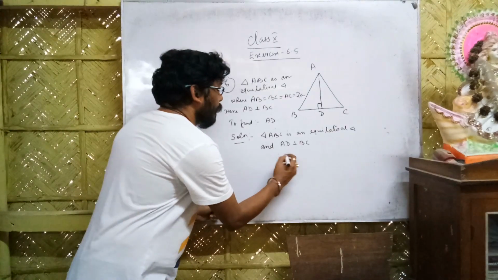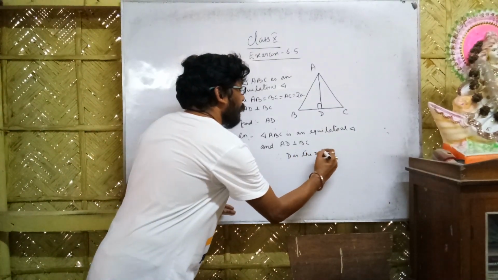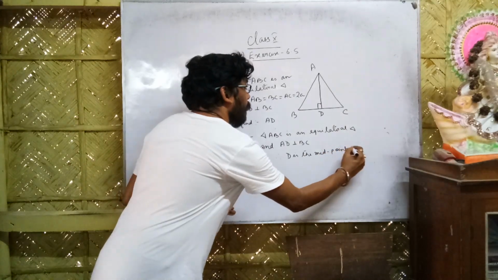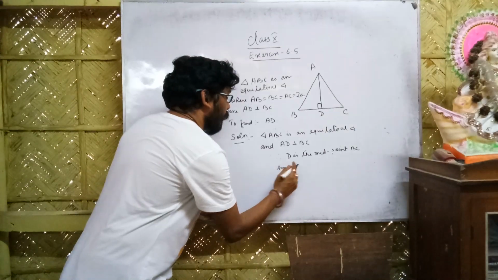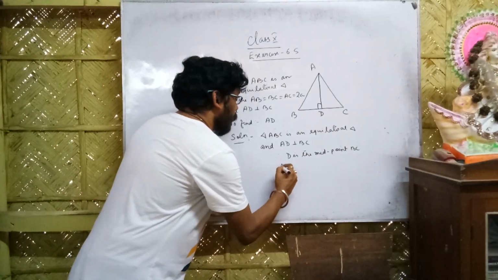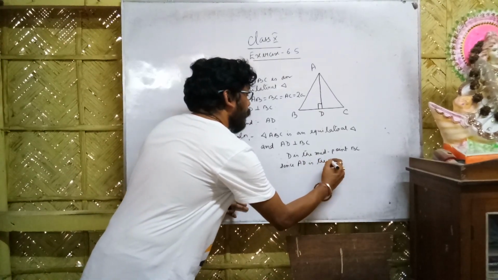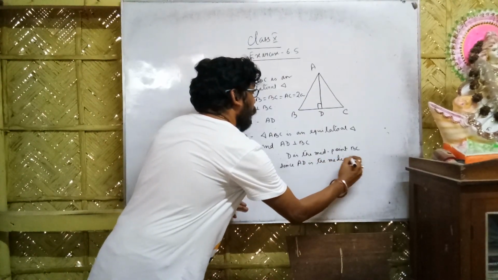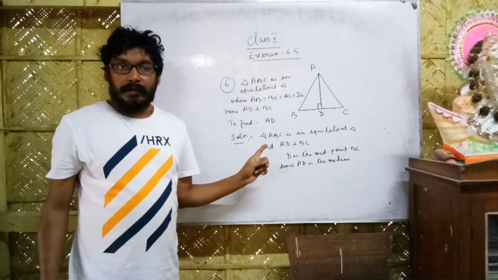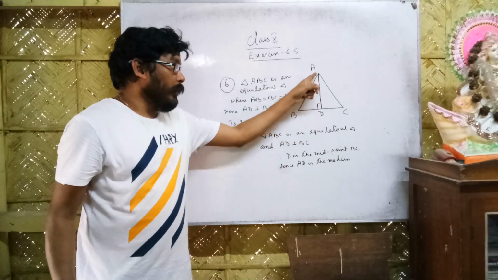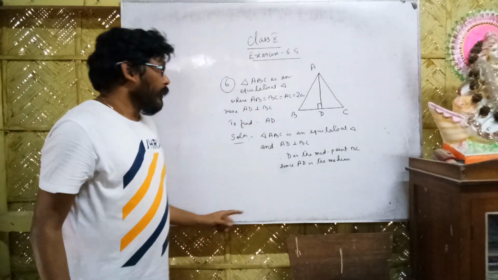So therefore D is the midpoint of BC, since AD is the median. Okay, this is only for an equilateral triangle. AD was the altitude, so AD will work as a median also, only for an equilateral triangle.